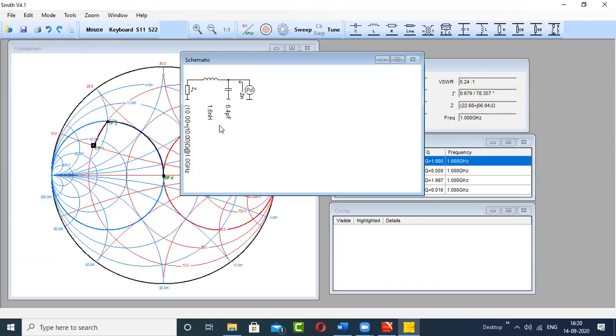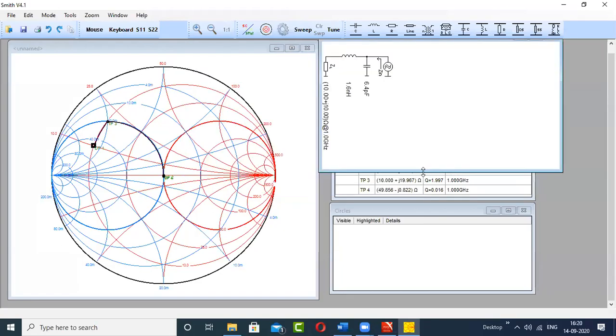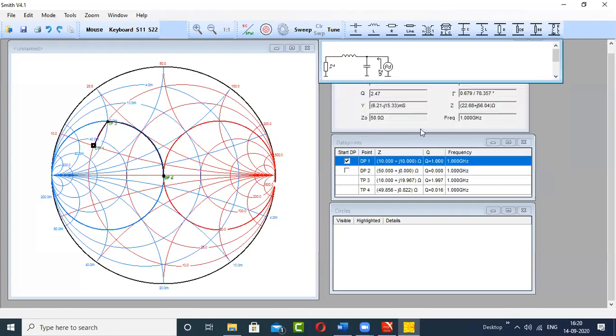So the generator will feel it's a 50 ohm load only, and the maximum power will be delivered to the load, because C and L are both lossless in nature. There won't be any loss of power.